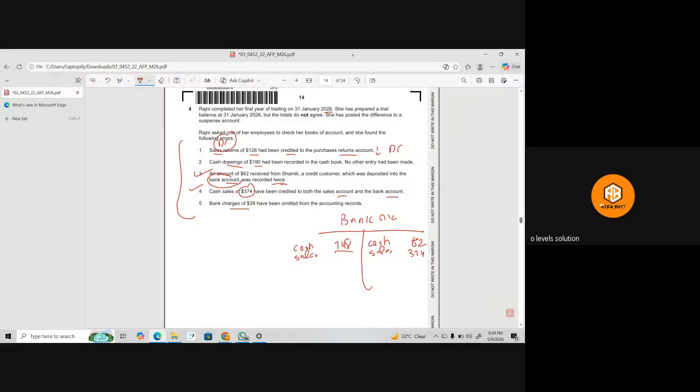So what does it mean? When we debit this, it also decreases the profit for the year. This is the purchase return, and we are decreasing it. Now remember, the purchase return is a part of cost of sales.